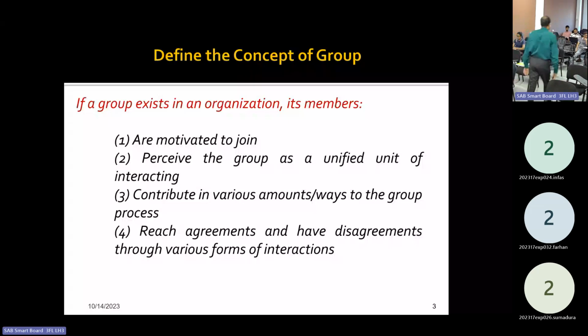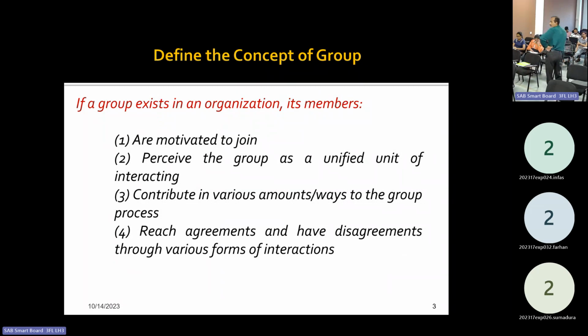In addition to the basic membership requirements, there are conditions to decide a group. If a group exists in an organization, then the membership requirement related definition is already there. It was considered. But you can consider that also is correct. A group or a team is a collection of two or more members to achieve a common purpose.